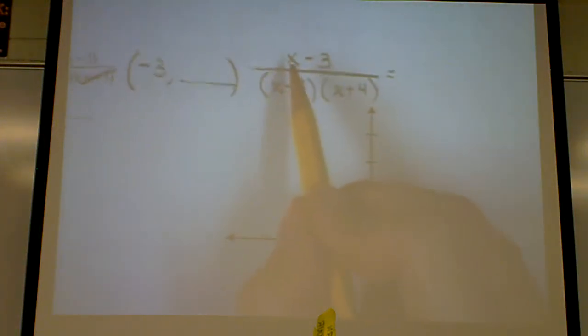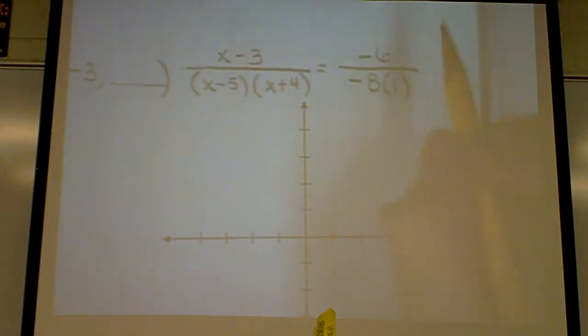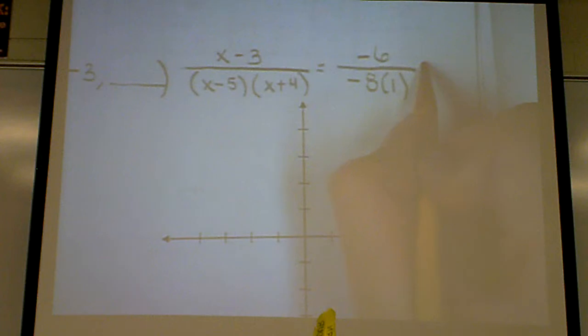If I plug a -3 in here, I get -6 over -8 times 1. So we would have -6 over -8.